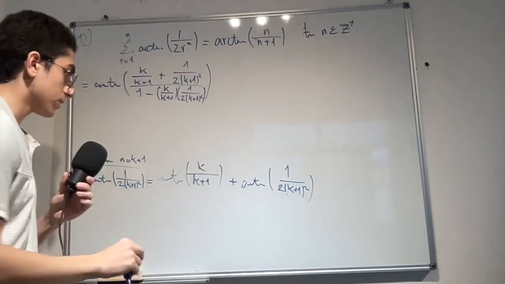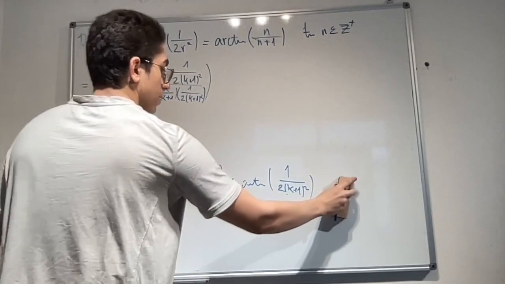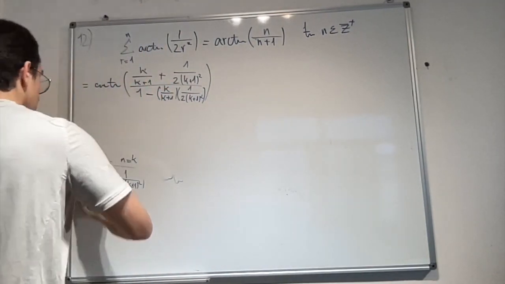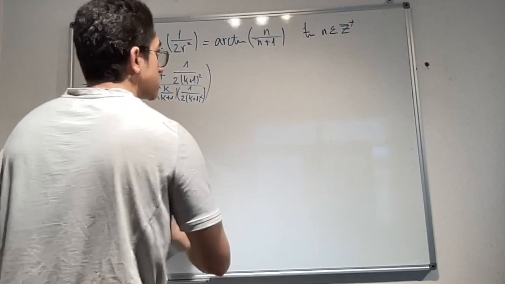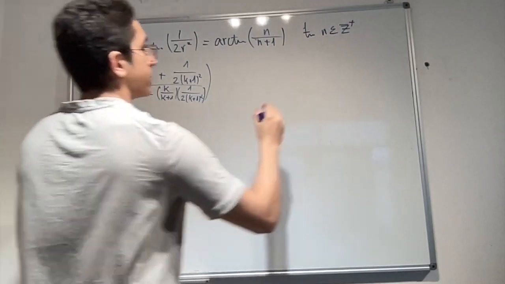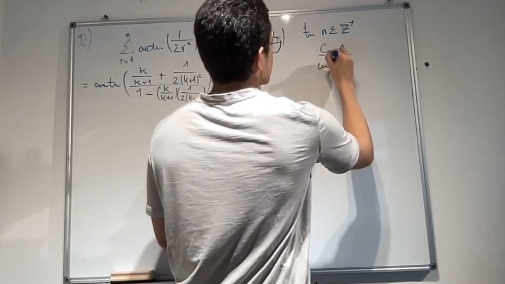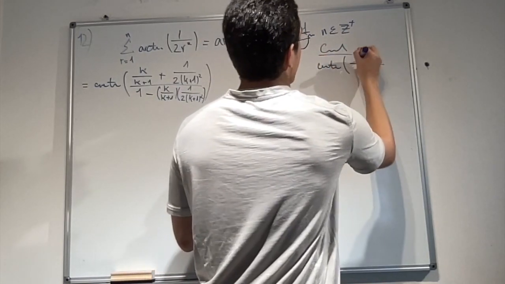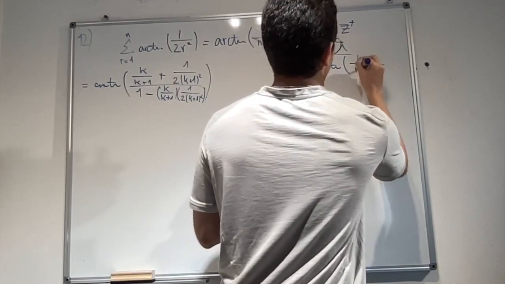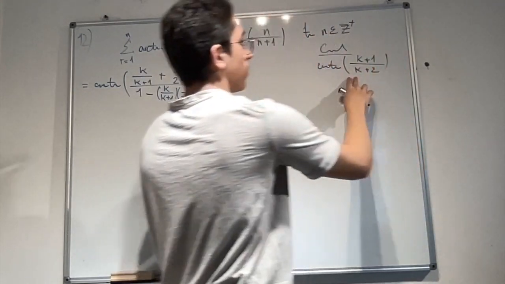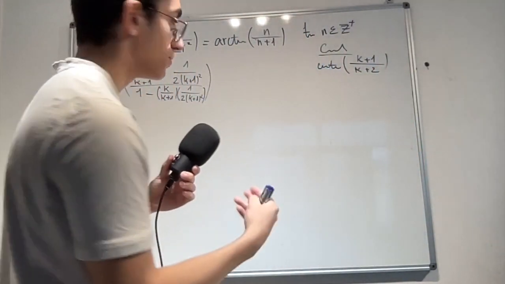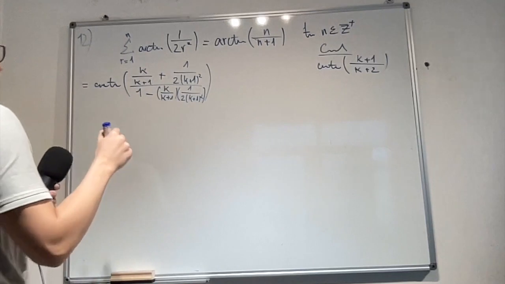All right, erase this. So for n equal to k plus 1, our goal is to write it as arctan of k plus 1 over k plus 2. So have that in mind because it's going to be useful as we're solving it.